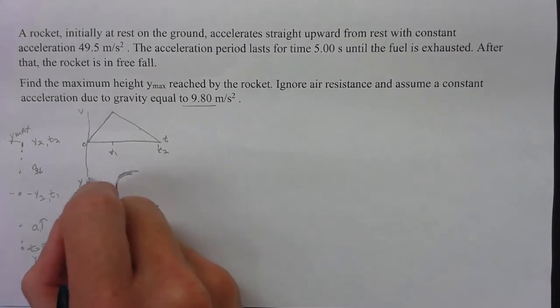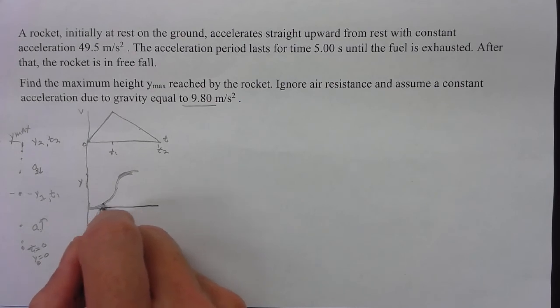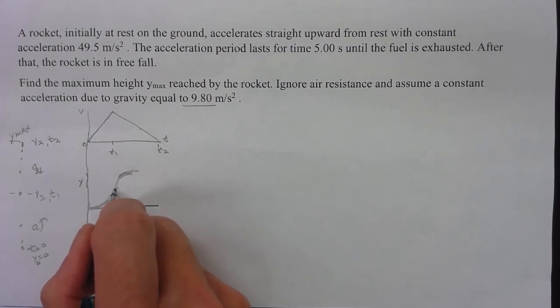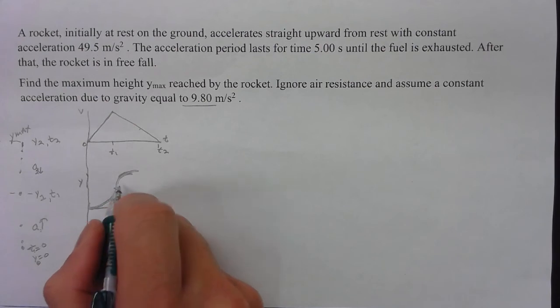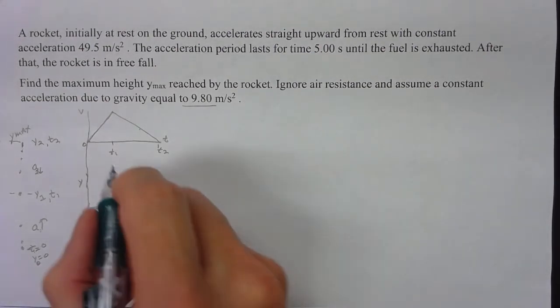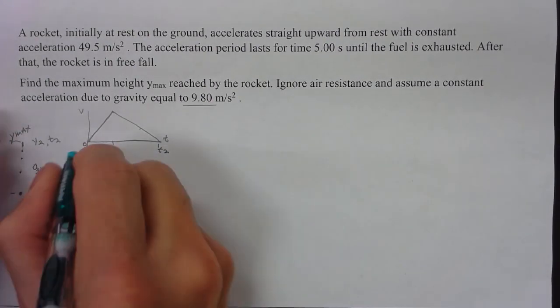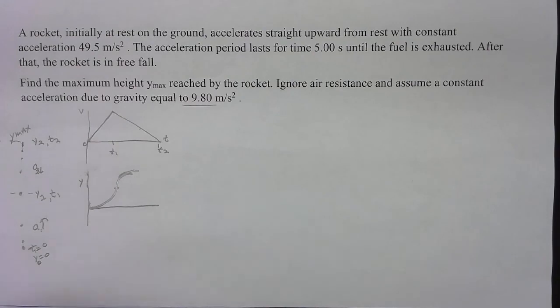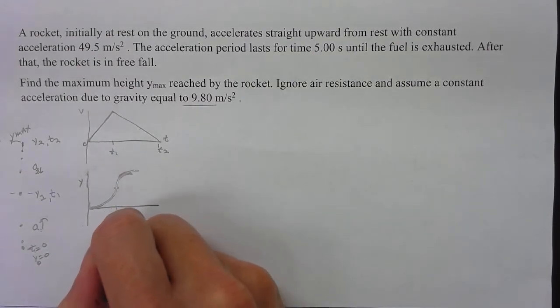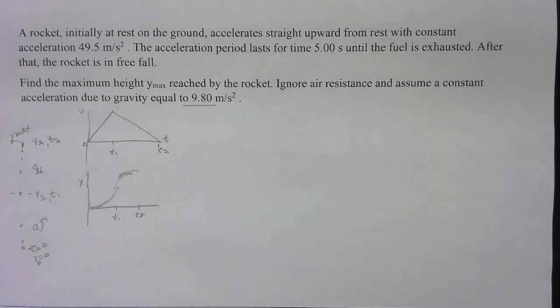It's going to look like that, where this is increasing speed, so increasing slope as it goes up. Right there the fuel burns out, so decreasing speed on the way up, and that would give us how high it goes. So that's the way those two things would work. This is where T1 is, and this is approximately where T2 is.